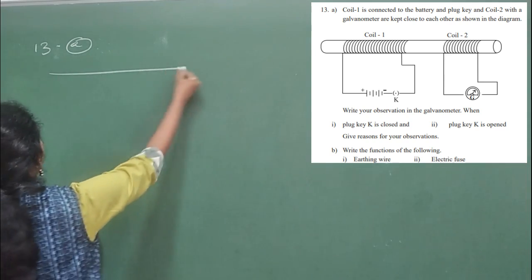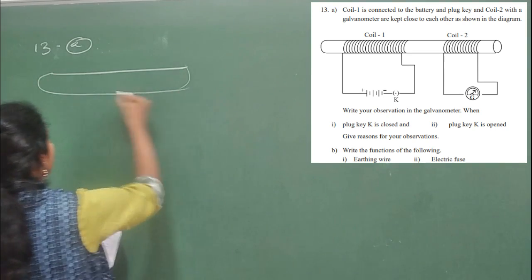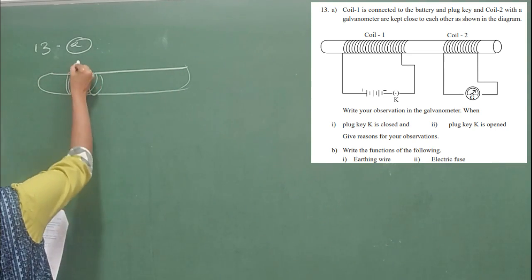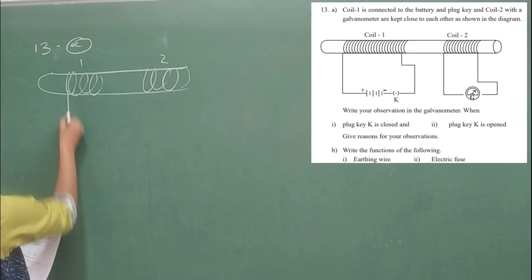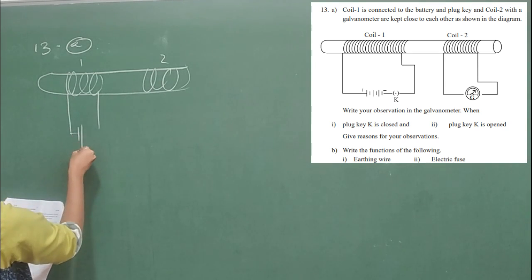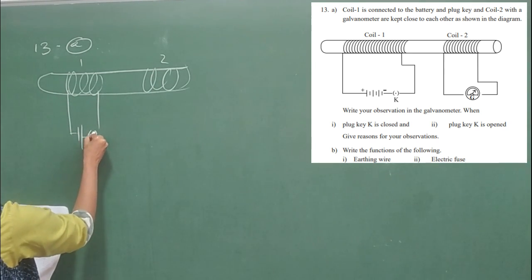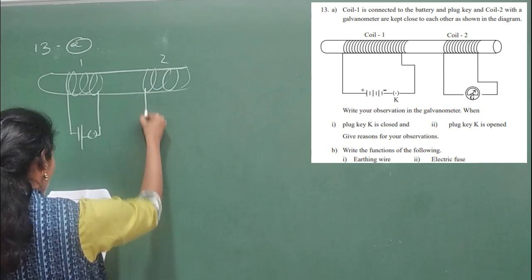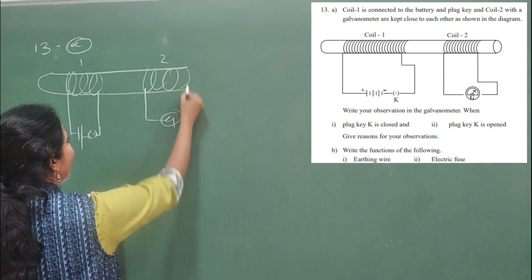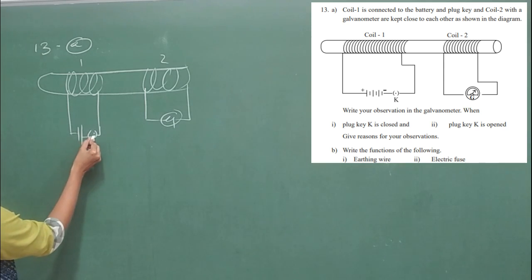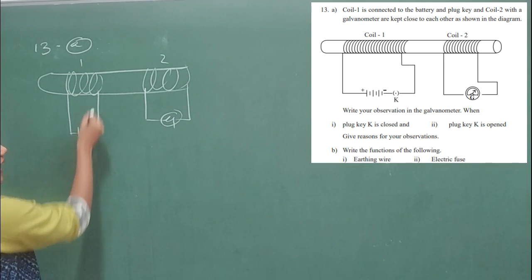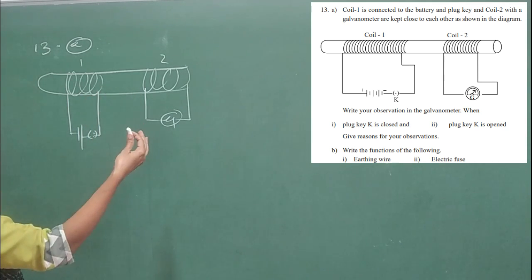Okay, so if we have to draw a diagram roughly, this is coil 1, this is coil 2. Coil 1 has got a battery and a key, right? And coil 2 has got a galvanometer. You all know, if you switch this key on and off, the magnetic field changes, okay?